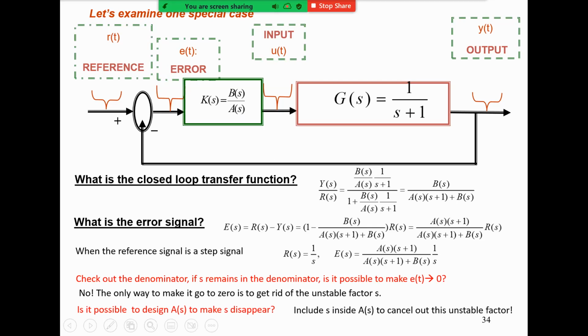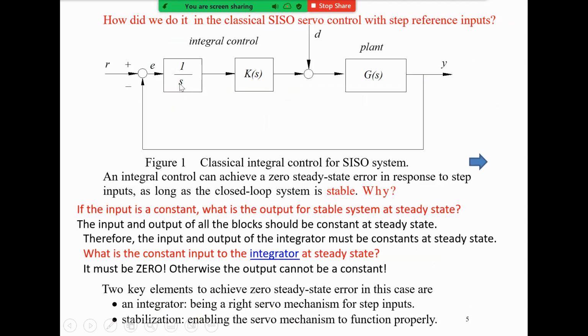But if I include s as a part of A, it just means we put an integrator in the controller. You see, if I combine 1 over s times K, that is the controller. It says s will be part of the denominator polynomial of the controller. So now we look at this problem from a totally different angle.